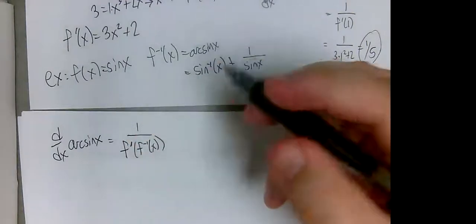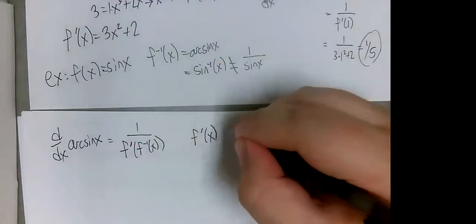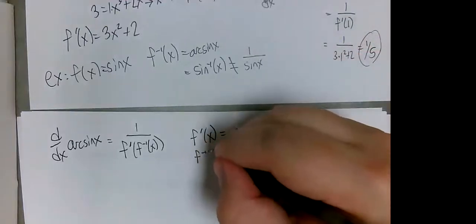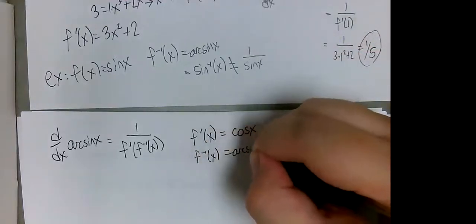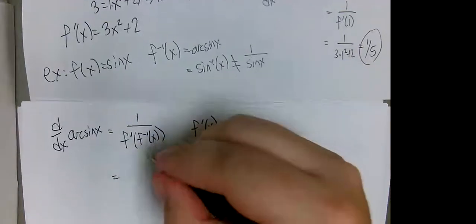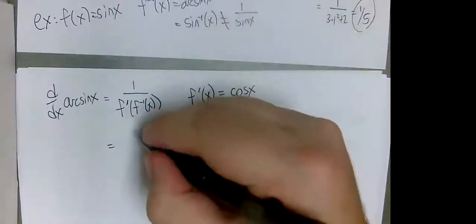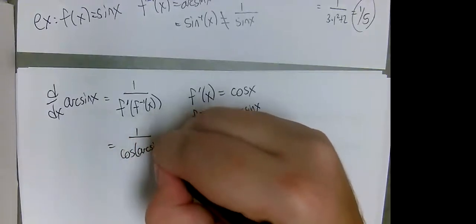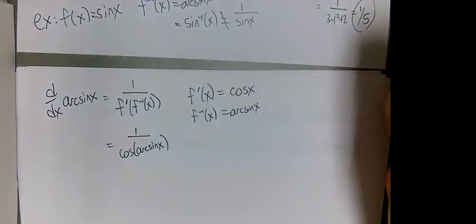Well, f of x was sine, right? So f prime of x will be cosine, and f inverse of x is arc sine of x. So we can rewrite this as 1 over cosine of arc sine of x.